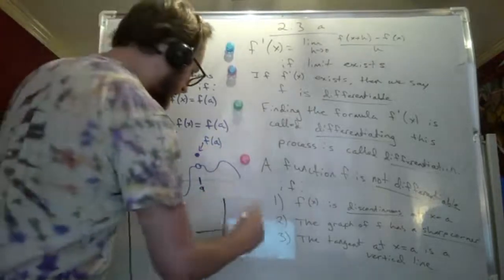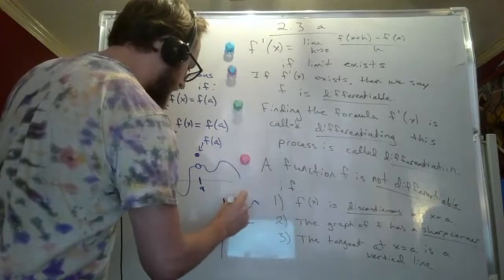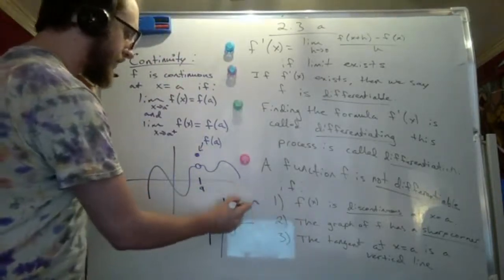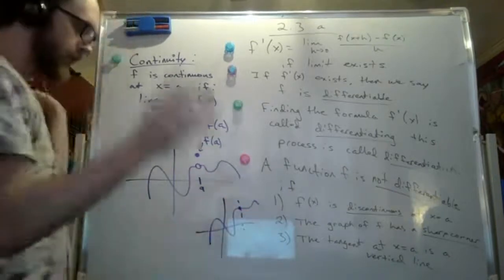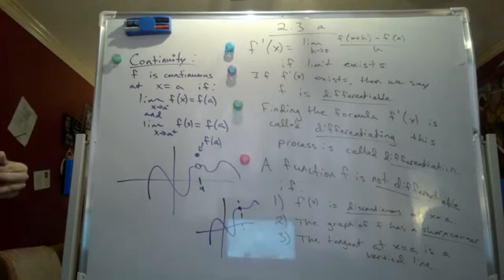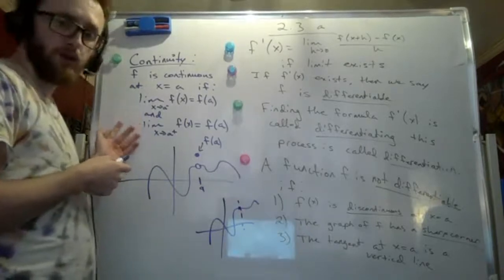So for any of these other examples where it's continuous, if I pick a point, this is f of a, and from the left and right hand side, they meet there. And so we're golden, and we call that continuous. So this is the definition of continuity. If you're ever trying to prove that a function is continuous at a point, this is the way you want to do it.